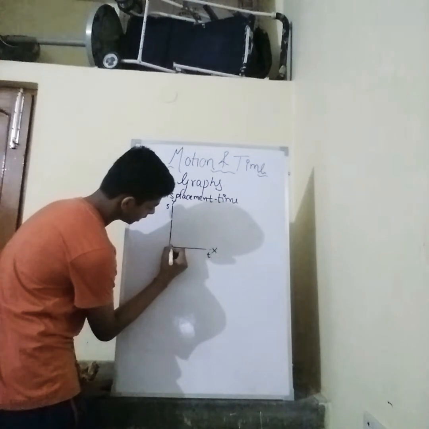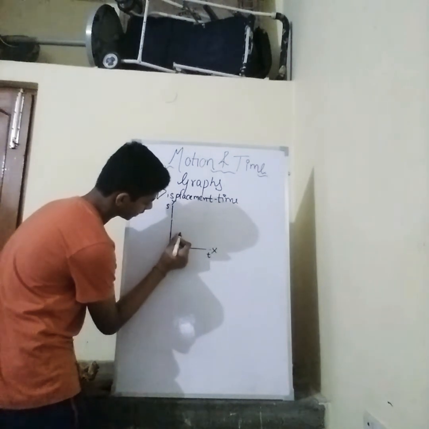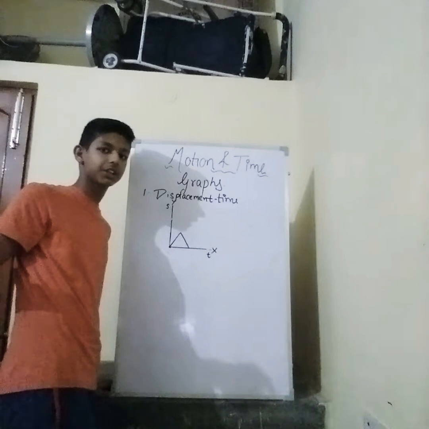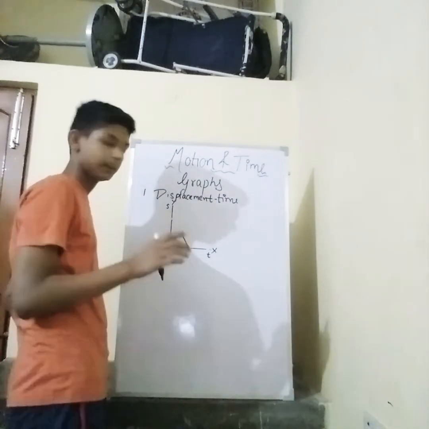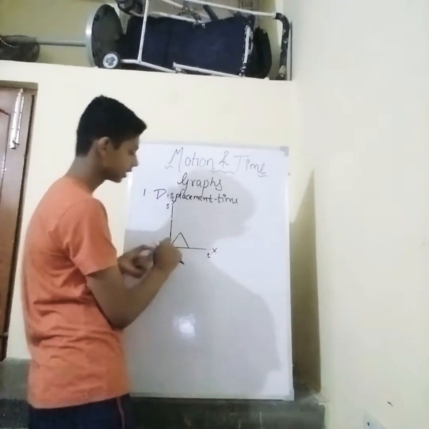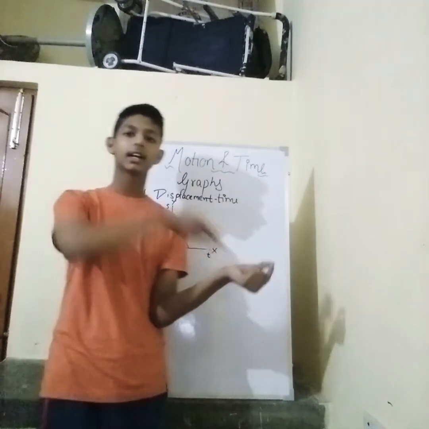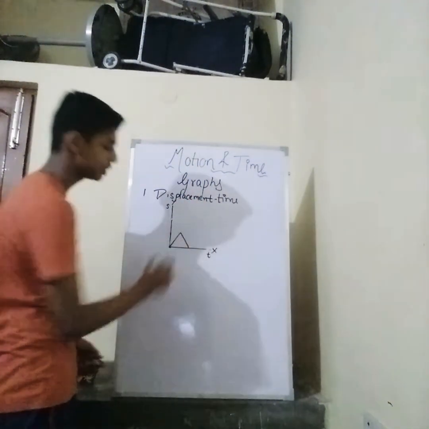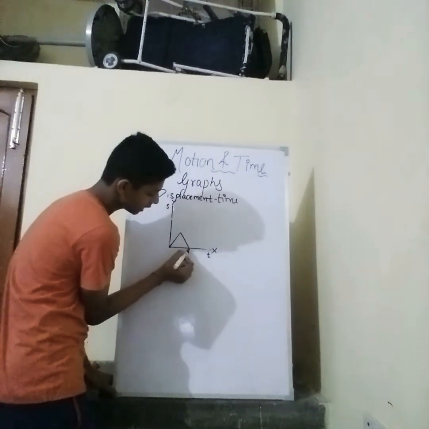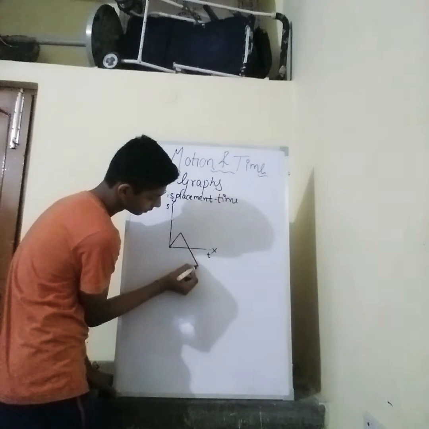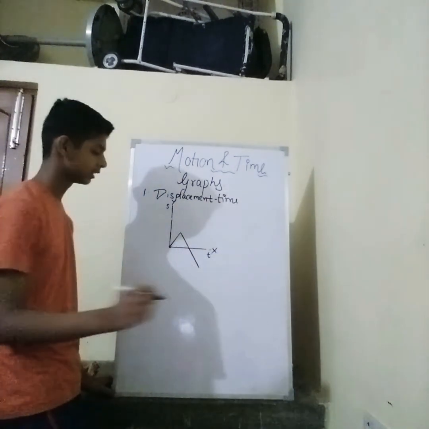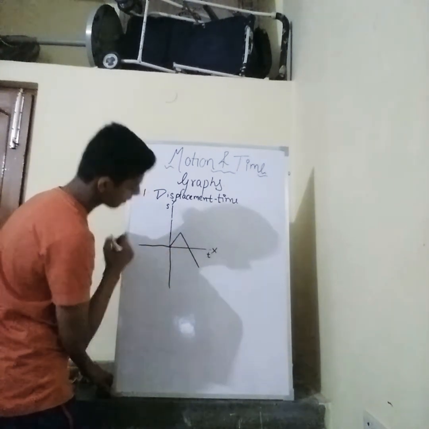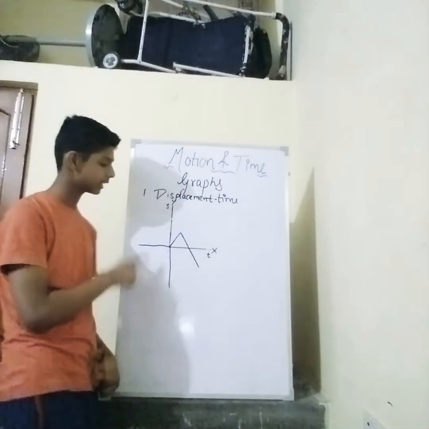Now see, if you go 2 meters, then come back to the initial position, and you do not stop at your initial position but keep going, starting in the positive direction, going 2 meters and then returning in the negative direction, we have to draw the graph like this.